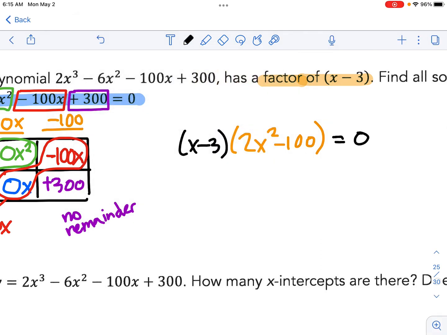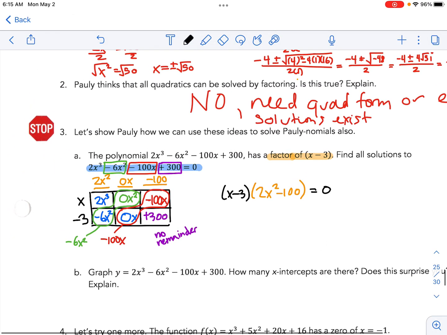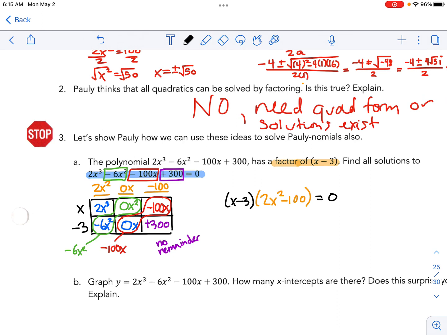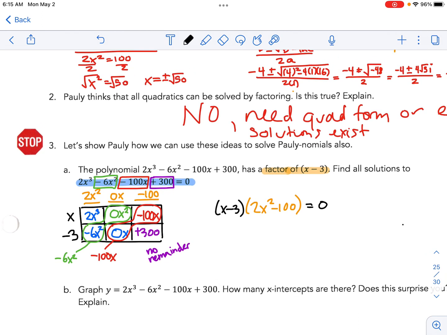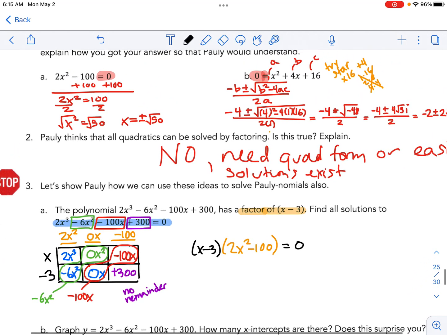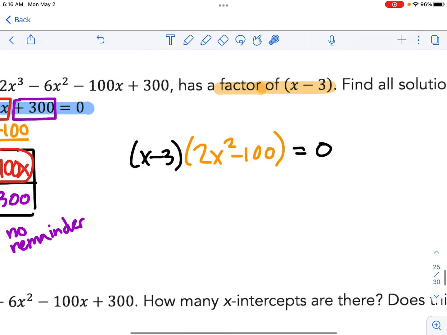So that's the factored form. That's the polynomial written as a product of the factors. If you notice the 2x squared minus 100, this factor here is this problem up here.